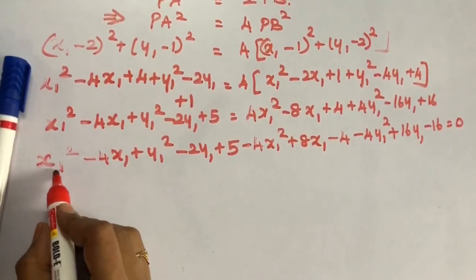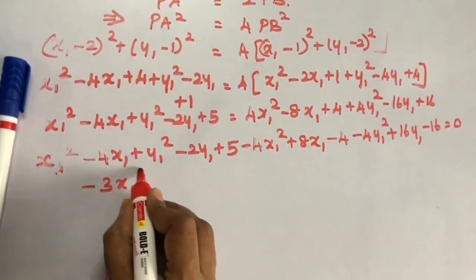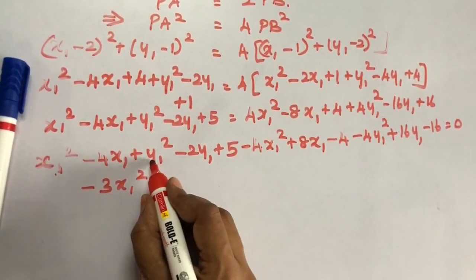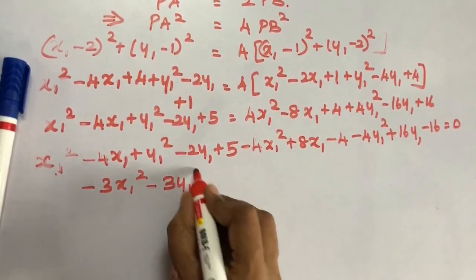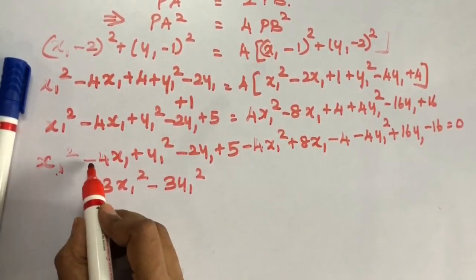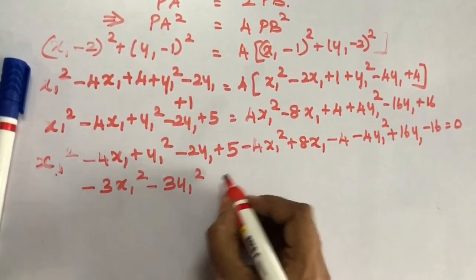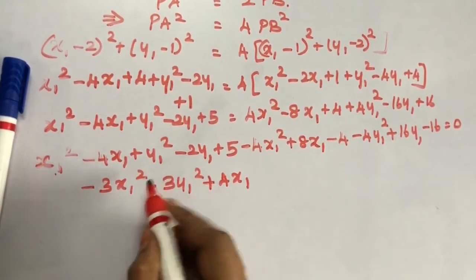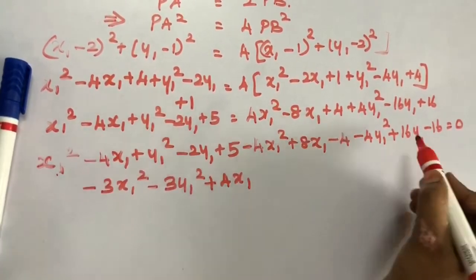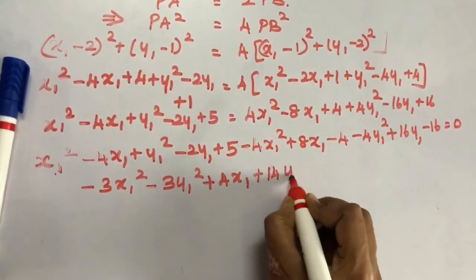So x1 square minus 4x1 square is minus 3x1 square. What about y1 square? Minus 4y1 square, so minus 3y1 square. Here minus 4x1, here plus 8x1, so adding these two it becomes plus 4x1. Minus 2y1 plus 16y1 becomes plus 14y1.